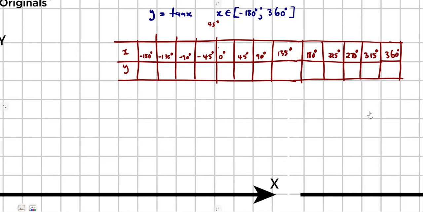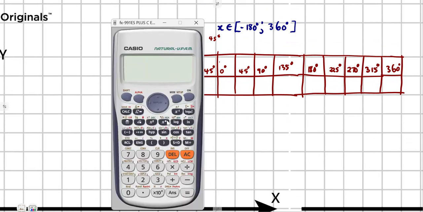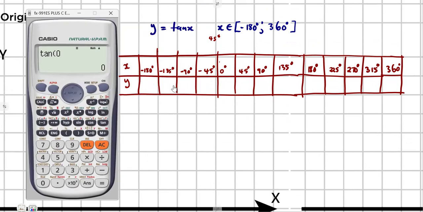All right. So at 0 degrees, considering tan, that's tan 0 there, which is going to give us what? That's a 0. So guys, sorry, I need to start at minus 180. Minus 180, that's a 0 there.